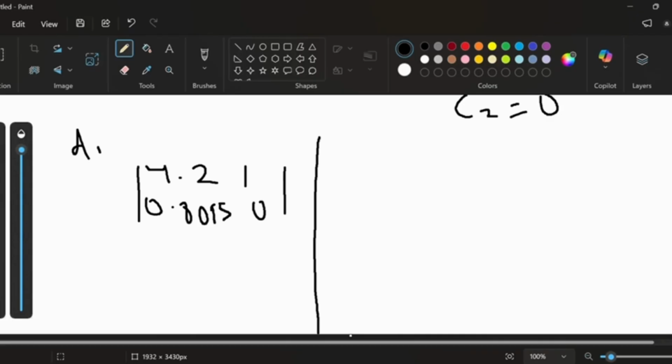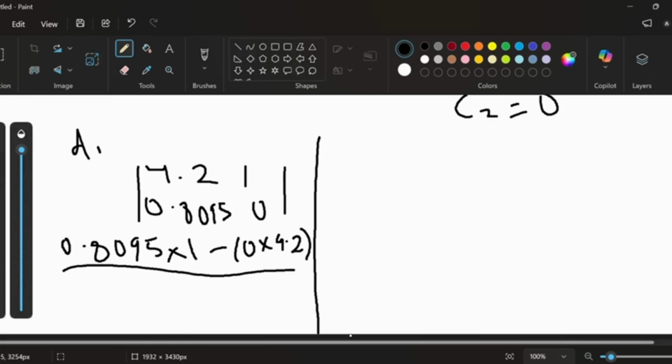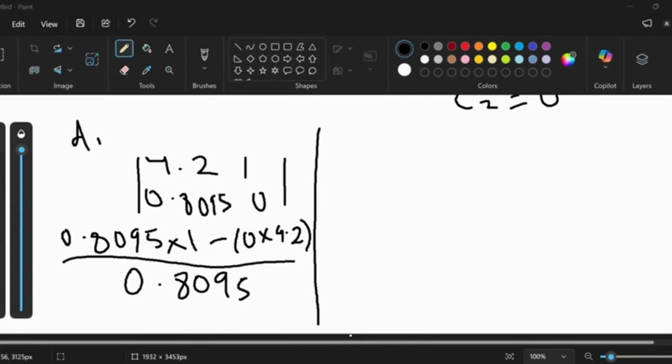So we have 0.8095 times 1 minus 0 times 4.2. Then we'll divide through by 0.8095. So our final answer for d1 would be equal to 1.